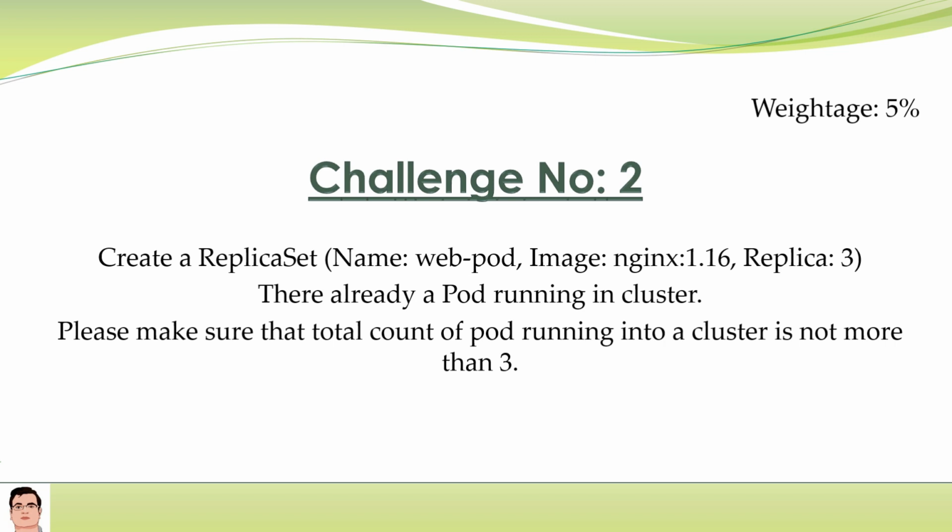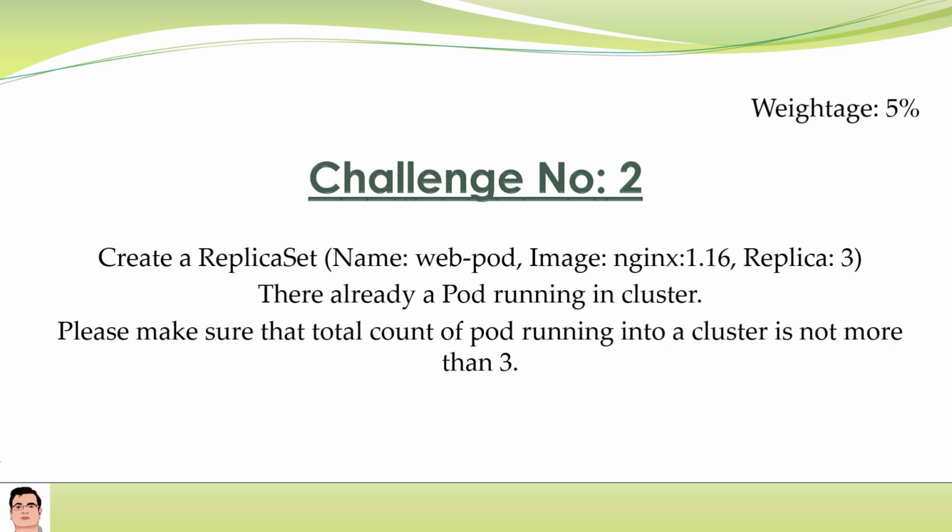Okay, so you have to think about how replica sets work. If you don't know about the replica set working scenario, then you can refer to my video on the replica set and you will have a better understanding, because it works on the labels. Okay, so you have to include that pod as well.